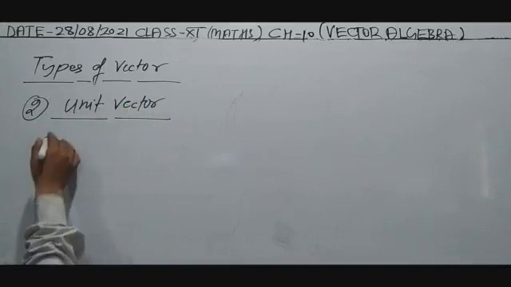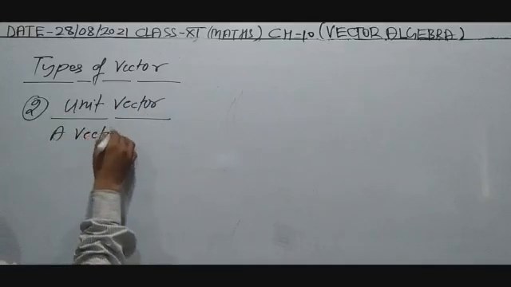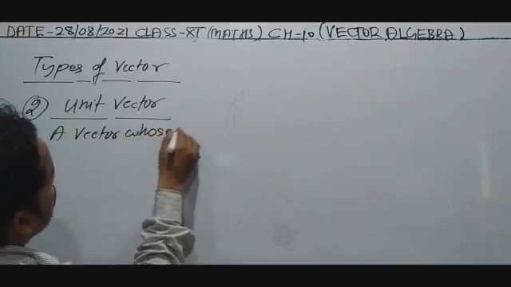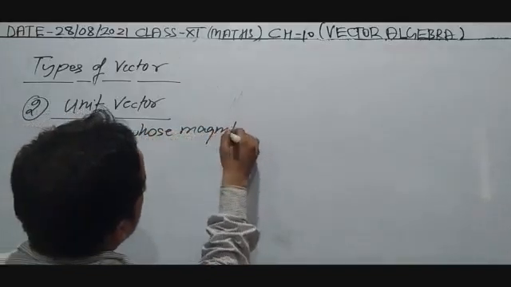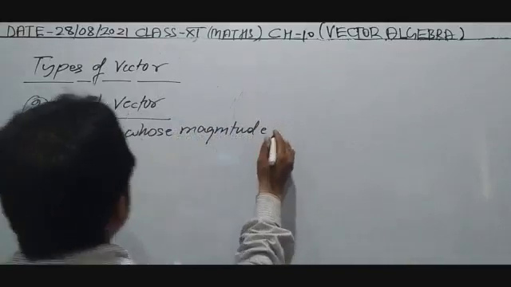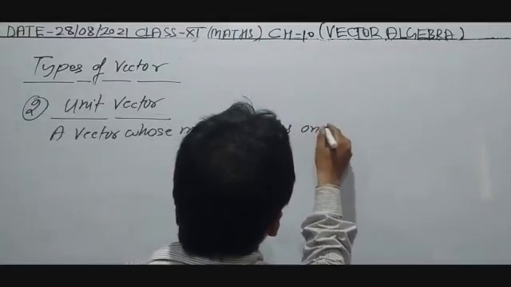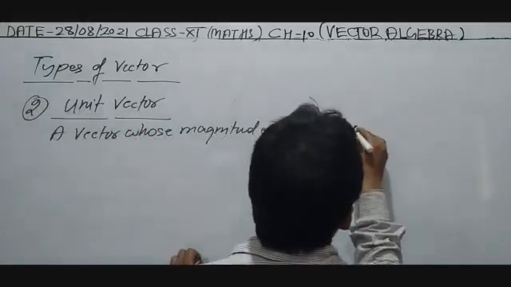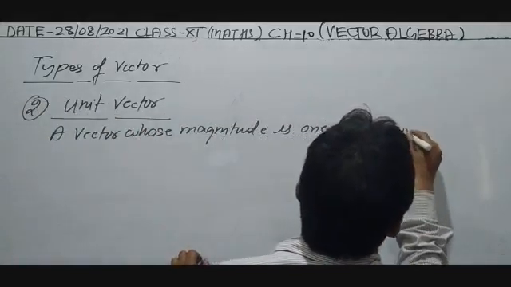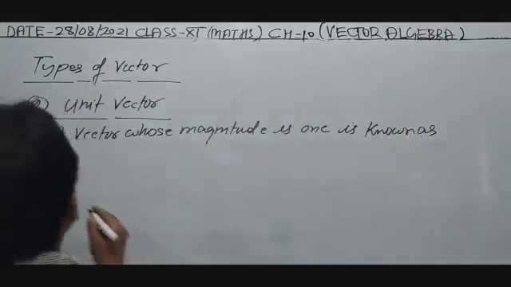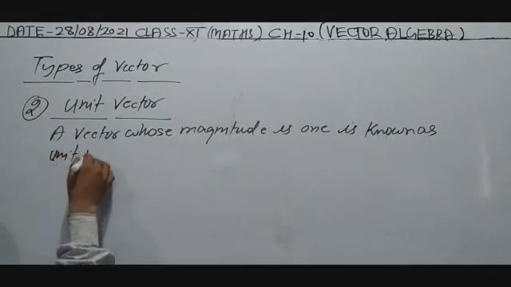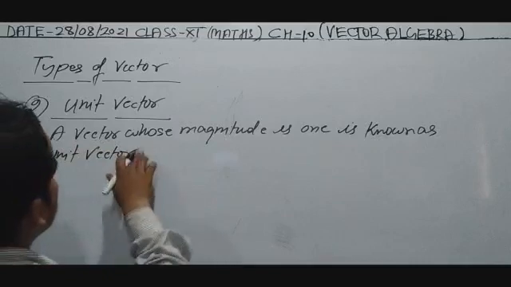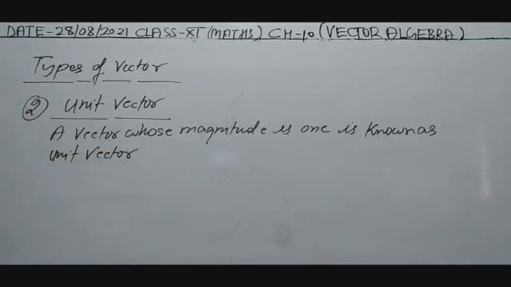A vector whose magnitude is 1 is known as unit vector.